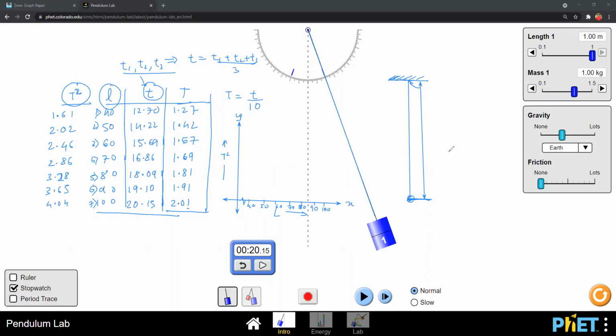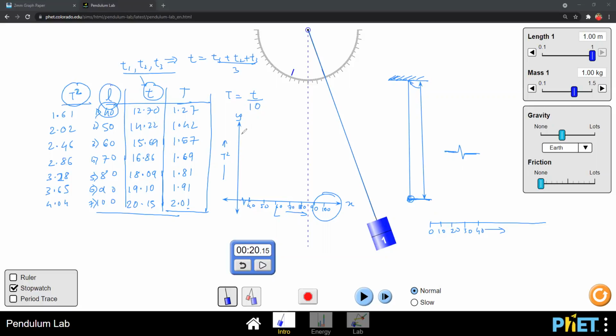The purpose of putting this kink is that if you start from 0, then you need 10, 20, 30, and then you start with 40 onwards. So you may not be able to fit in all the values. So what you do is you shrink the scale and you start directly with 40, the least value you want to plot.